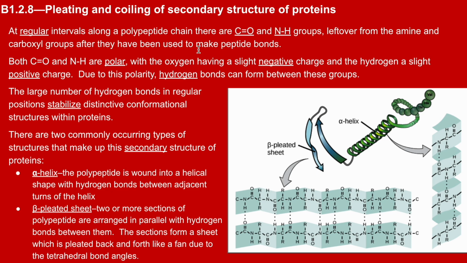Now, both of these are polar, and so therefore hydrogen bonds can form between these groups. And because of these weak hydrogen bonds, we end up with these substructures within the protein, these secondary structures. They can either be in the form of an alpha helix or a beta pleated sheet. These are common secondary structures found within proteins.